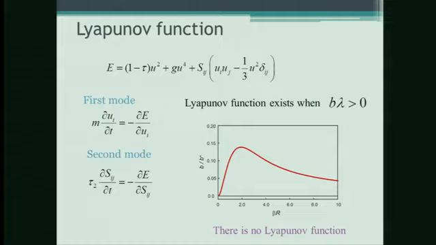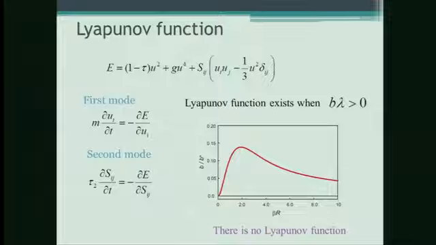This is also the case for the second mode, something like this, if the sign of beta times lambda is positive. And as I mentioned, lambda is negative, and we found that this beta is always positive, and therefore, unfortunately, there's no Lyapunov function in this system.